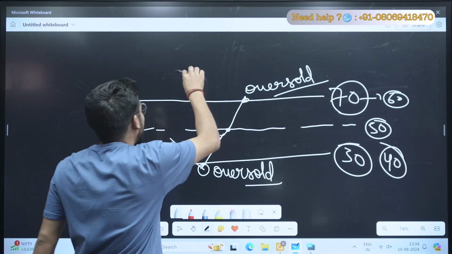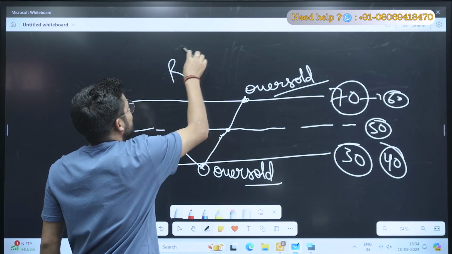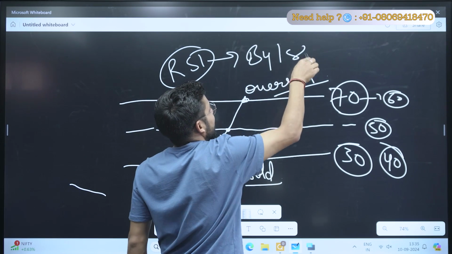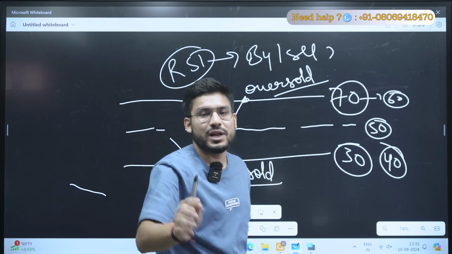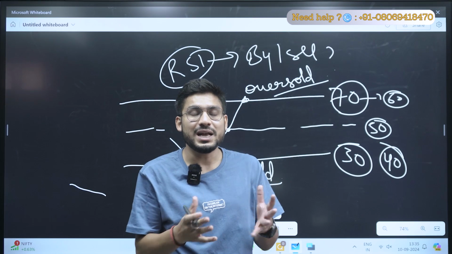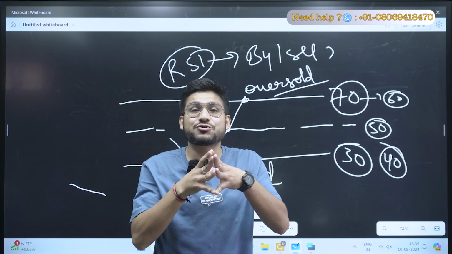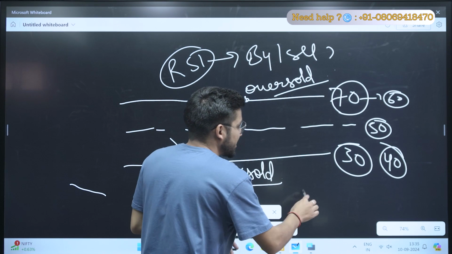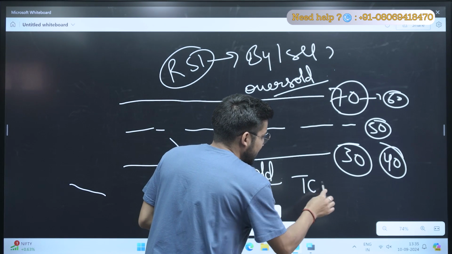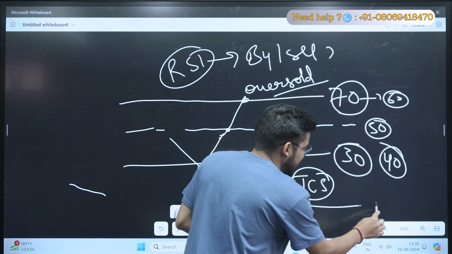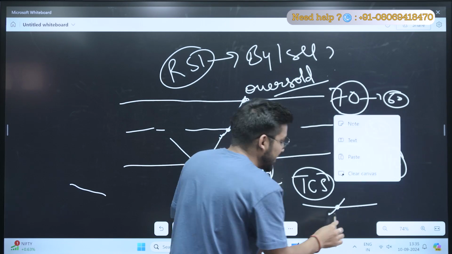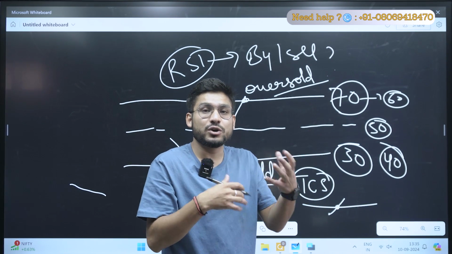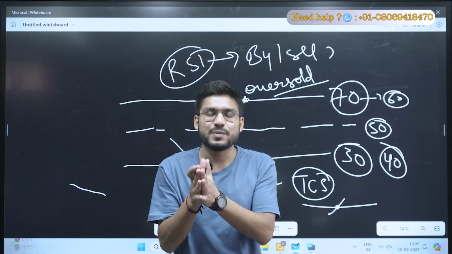Now, as the RSI suggests, it is not an indicator that will tell you when to buy or when to sell, but basically it tells you the strength of your particular index. For example, you are using RSI on a stock called TCS, and if RSI is above 50, it will show you that the stock is doing good, as we are taking a benchmark of Nifty.